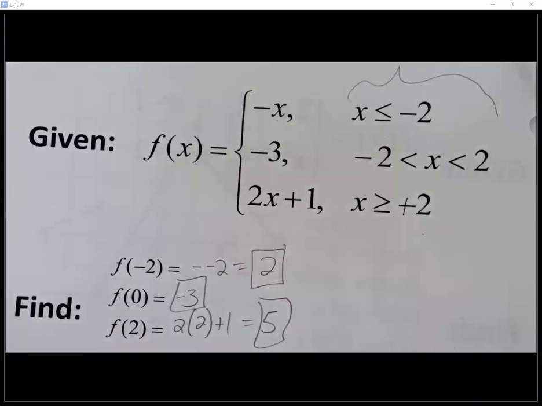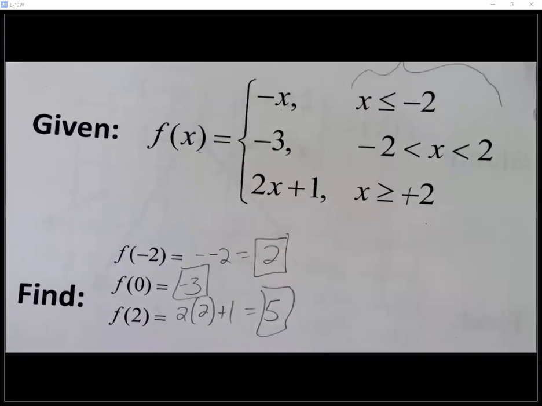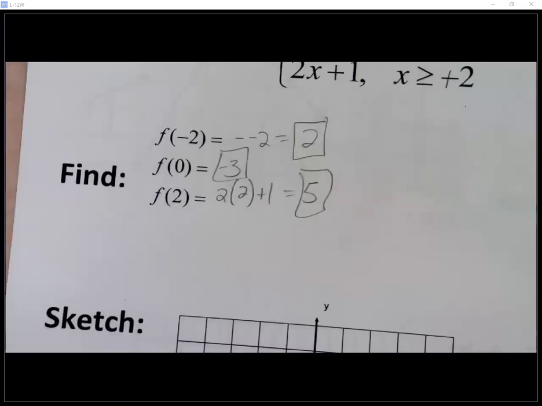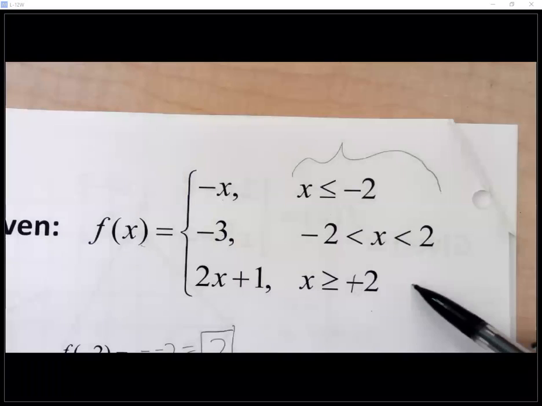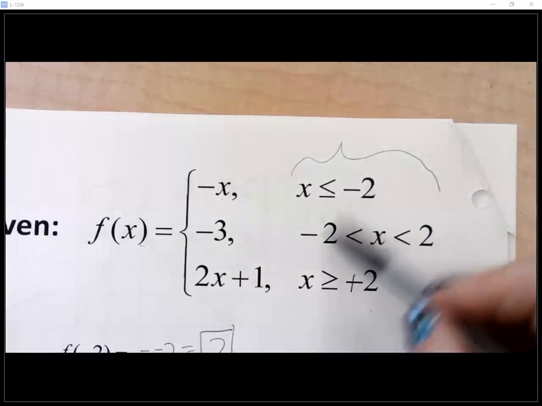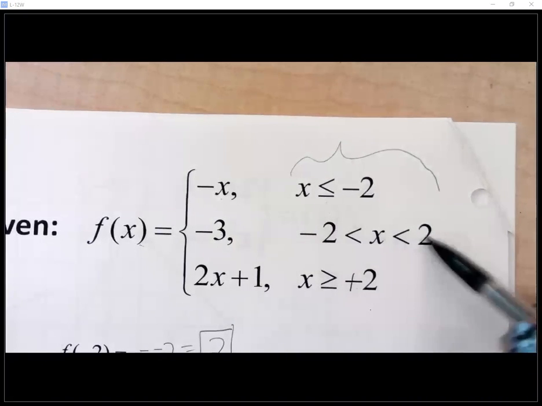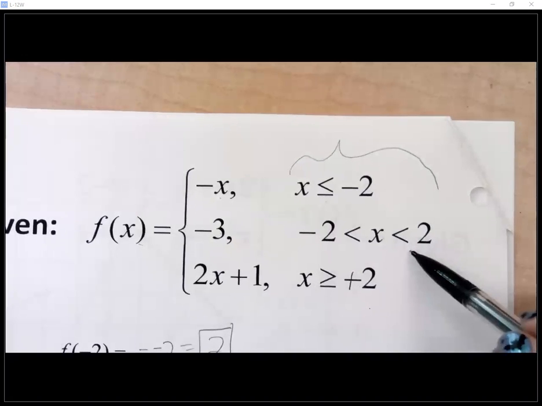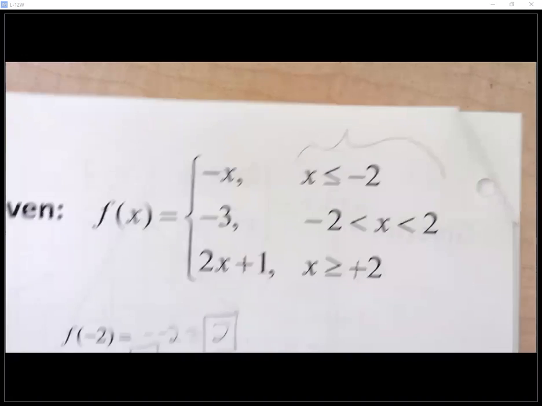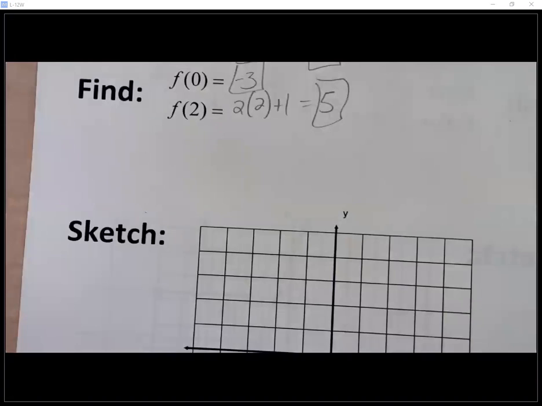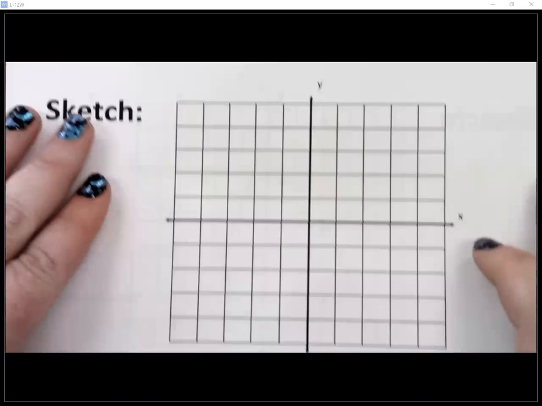All right, awesome. So now down below, I have 2 values where things are changing in my graph, right? I have a change happening at -2, and I have another change happening at +2. So I'm going to put my dotted lines at both of those just to help me section off my graph.